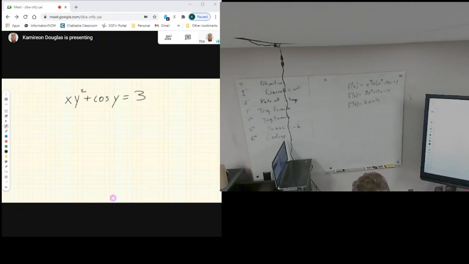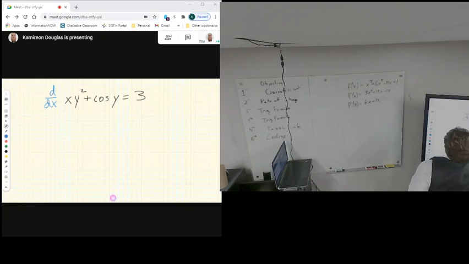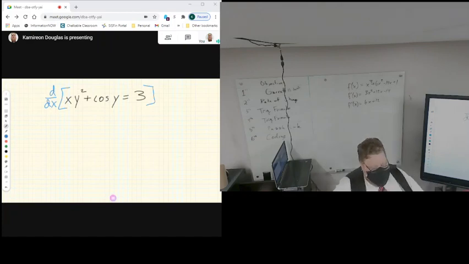Now, how do I do that for these kinds of problems? First, taking the derivative with respect to x of this function. Now you can either use y prime or dy dx. I don't like using y prime myself because I'm used to it, but dy dx also sticks out really well. So some people really love using dy dx.